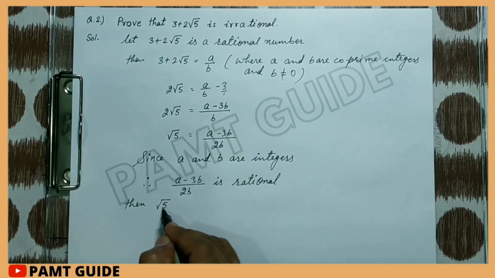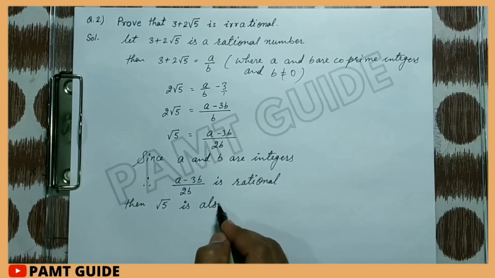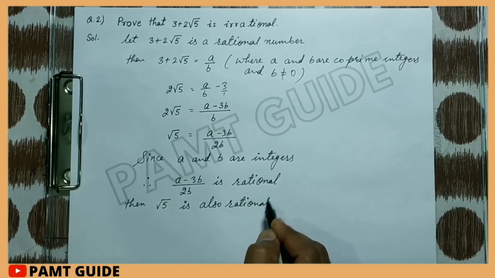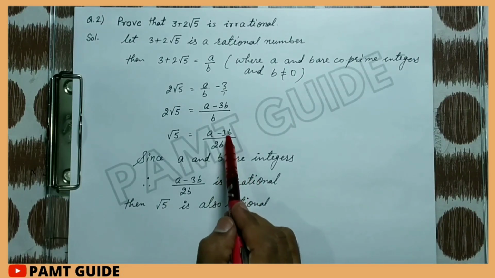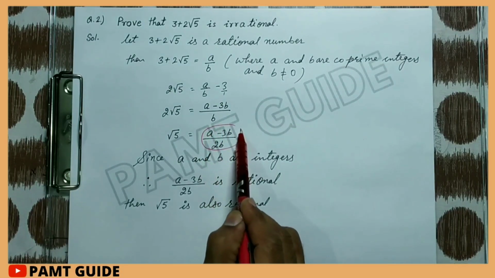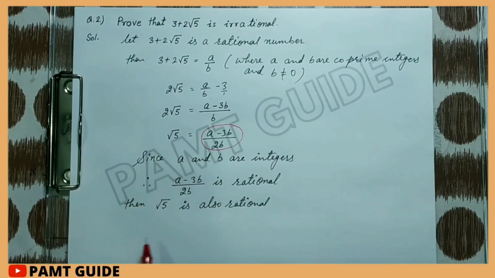Then root 5 is also rational. Why? Because if we are saying that a minus 3b upon 2b is rational and it is equal to root 5, so root 5 is also rational.